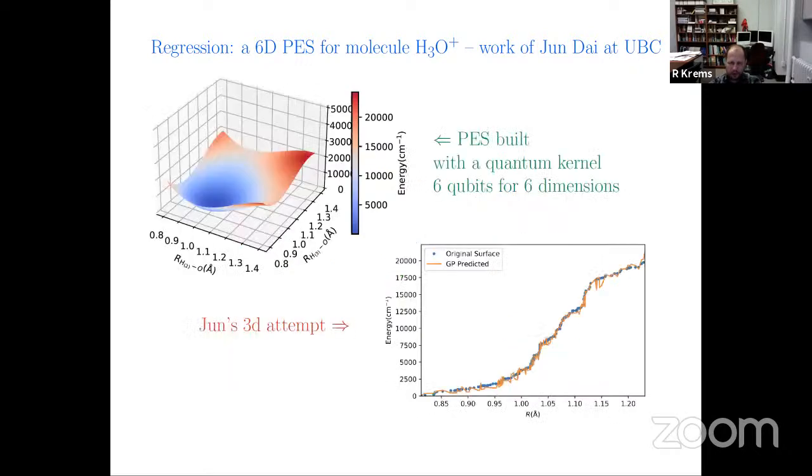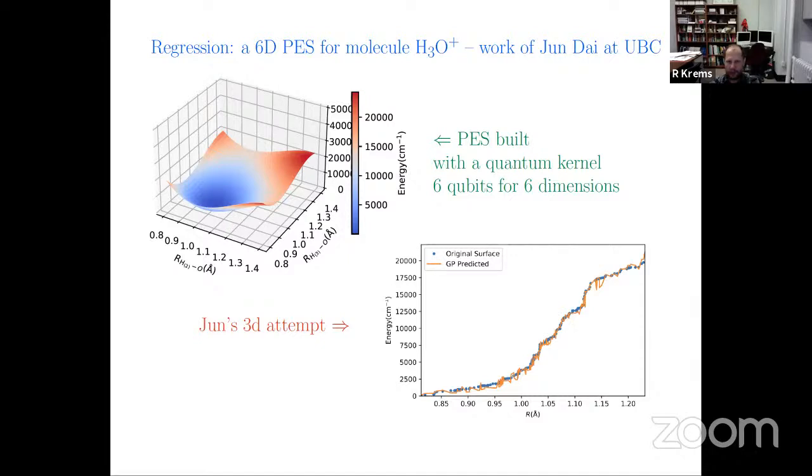Well, to do this, June had to invent many things. For example, he had to design a way to optimize the parameters of the circuit, because he was basically building Gaussian processes with quantum kernels now. And so how do you optimize the parameters of quantum circuits?